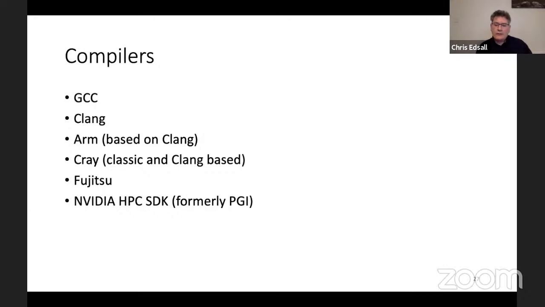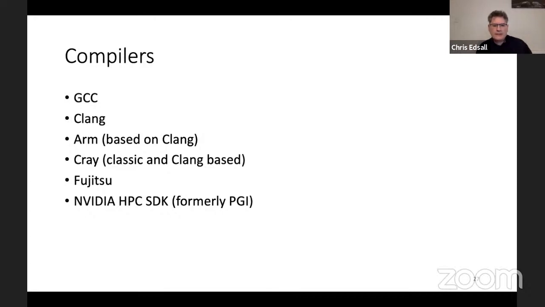They, of course, have a long history of HPC and software development and compiler development. And so they had the Cray Classic compiler. They've since moved to an LLVM-based system, a Clang-based one. But it does have the Cray front end to it. So there's a mix there.